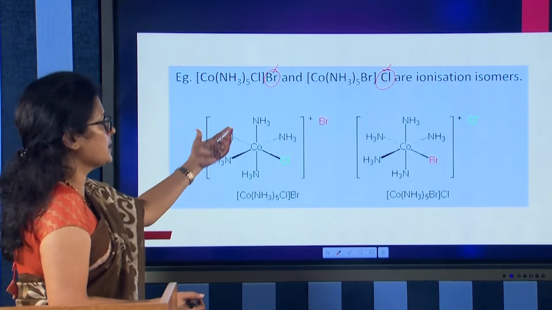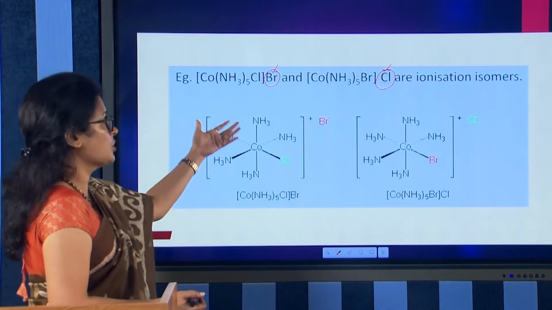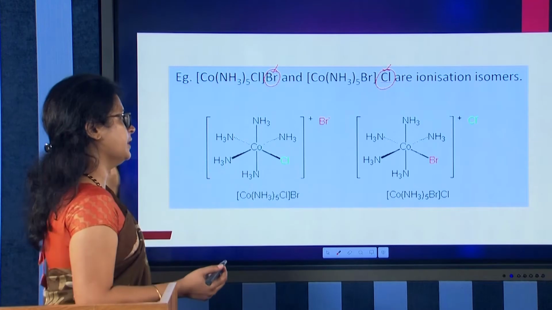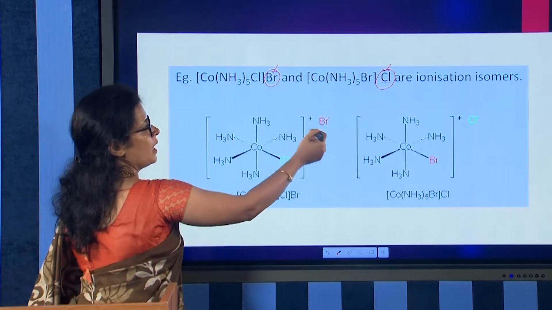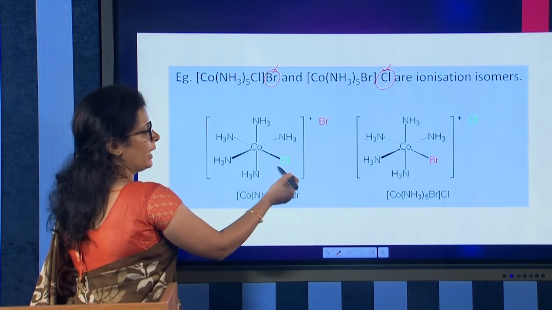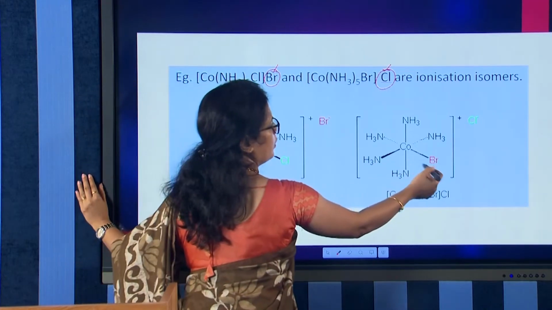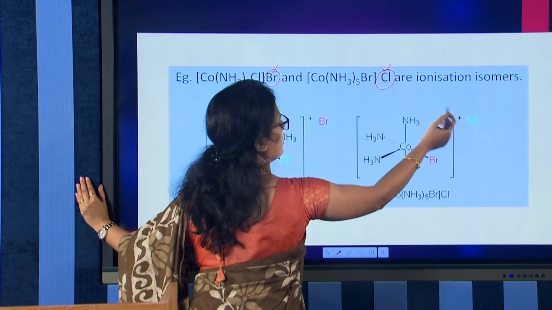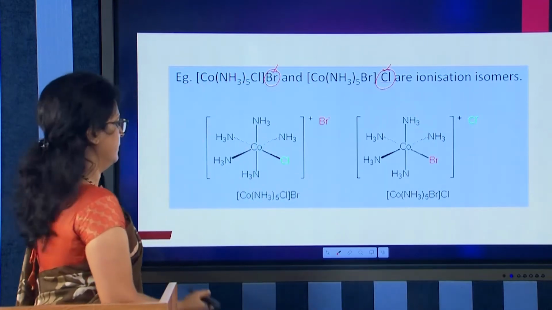And the structures of these complexes are given here. You can see the bromide ion is outside the coordination sphere, inside there is a chloride ion acting as a ligand, but here bromine is acting as a ligand and the chloride ion is outside.